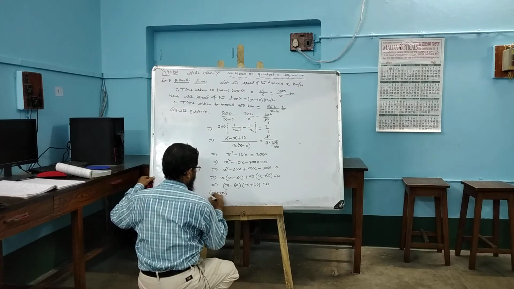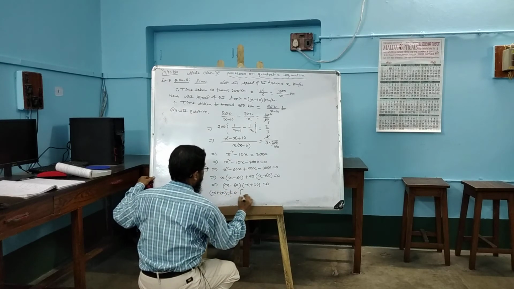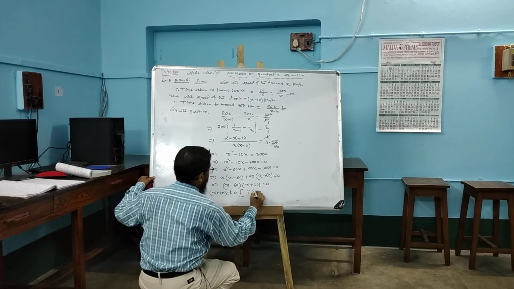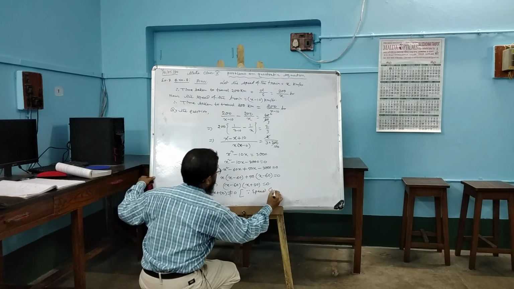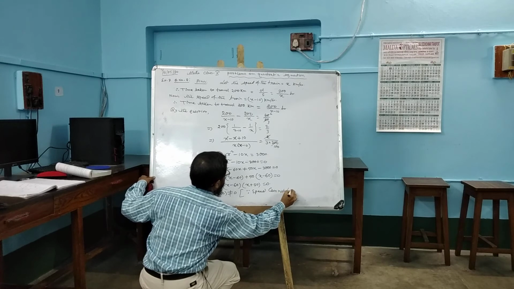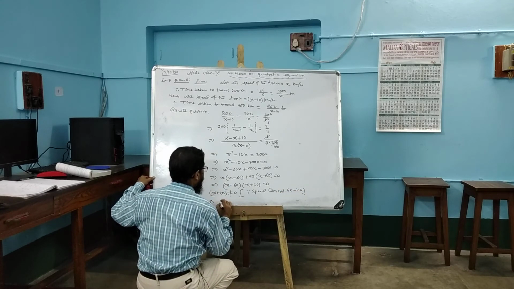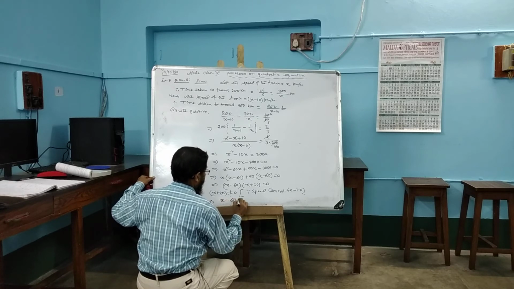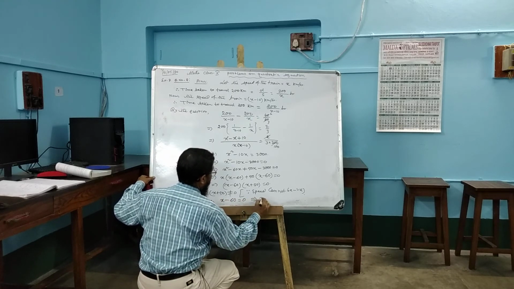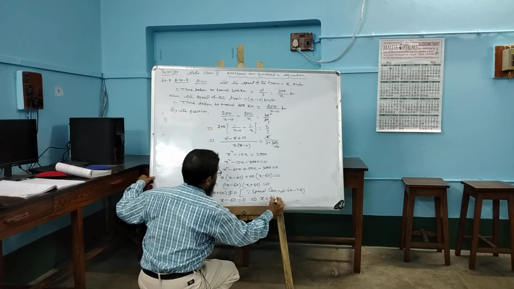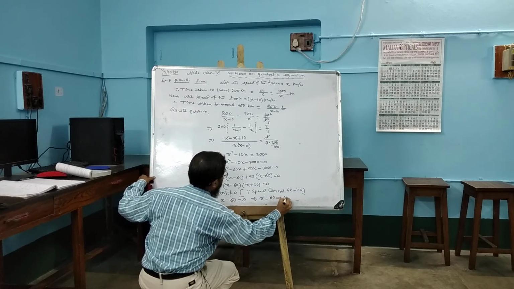x plus 50 not equal to 0. Speed cannot be negative, therefore x minus 60 equal to 0 implies x equal to 60 kilometers per hour.